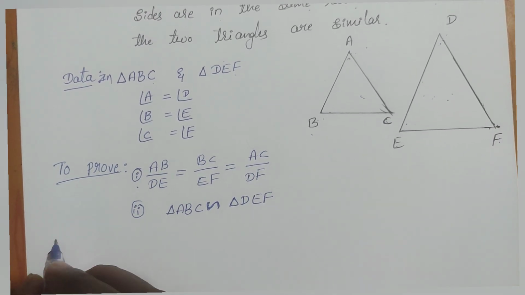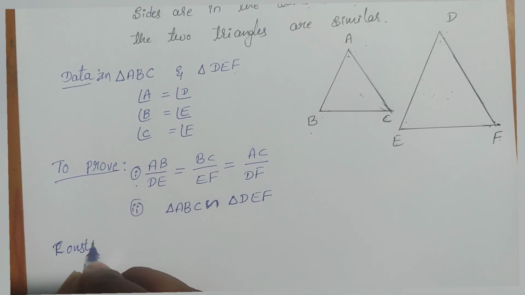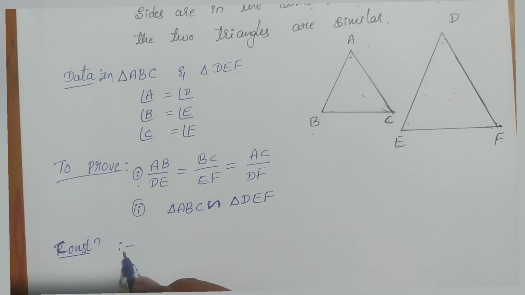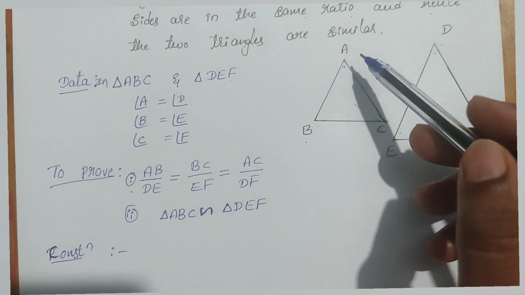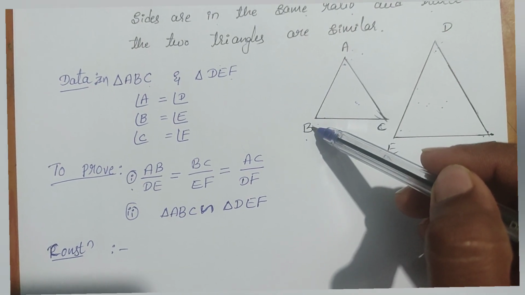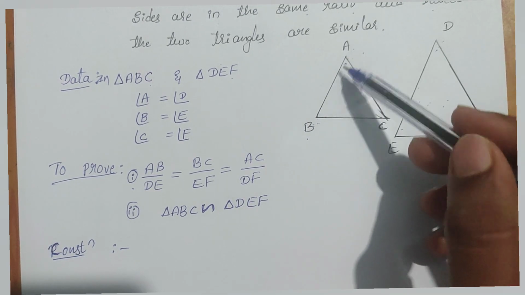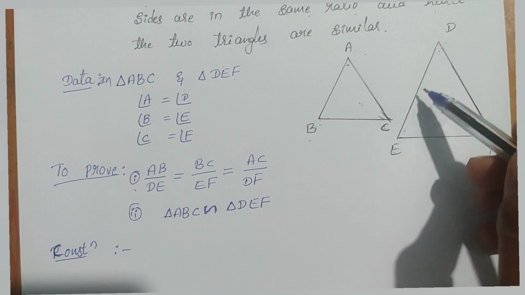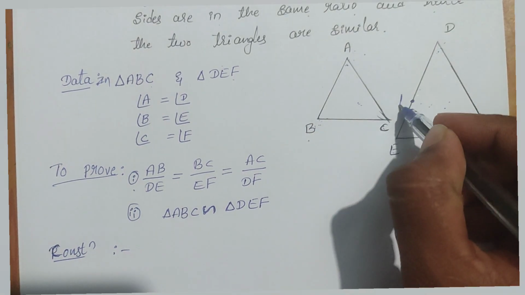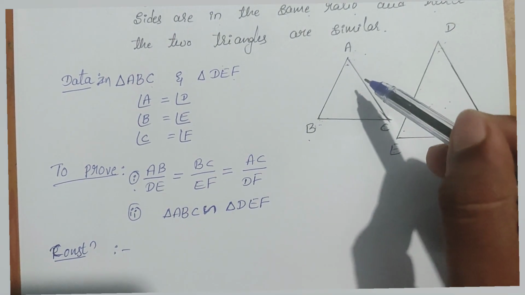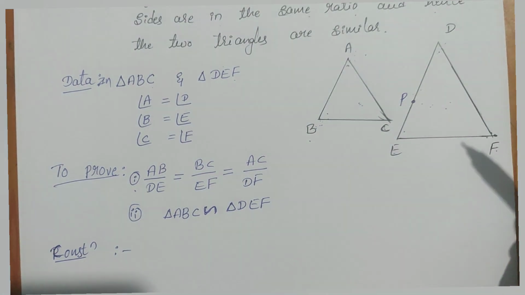So the next step is construction. What we have to construct here now is, you have to measure the length of AB and mark a point, let us take this as point P, which should be the same as AB, which means the length of AB and the length of DP are the same.